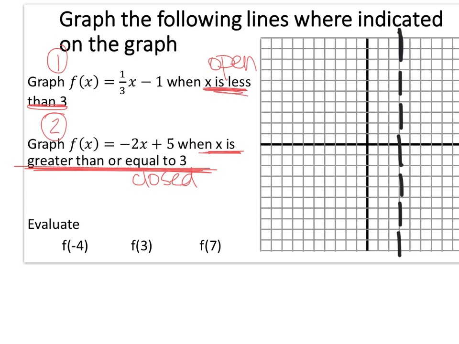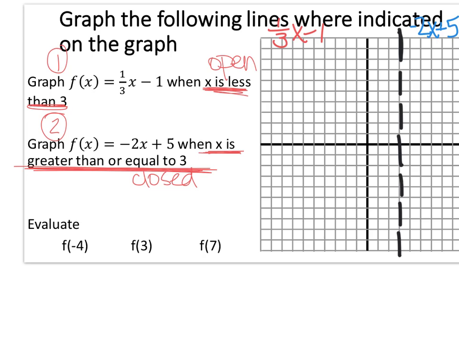So I'm going to write that above here so that I know that. 1/3 x minus 1. That's what's going to happen on the left side of my graph. On the right side of my graph, where x is greater than or equal to 3, I'm going to follow negative 2x plus 5.